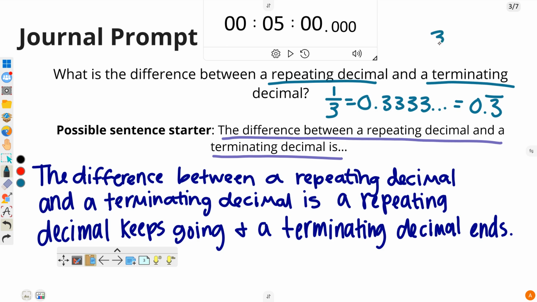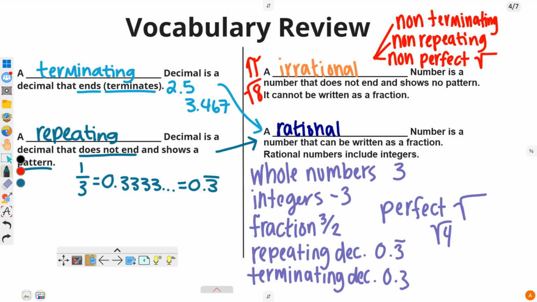So for instance, 3 over 2. If you type that in your calculator, you get 1.5. Nothing comes after that 5, it's just 1.5, we're done. So a terminating decimal ends, and a repeating decimal keeps going and going. Very good.